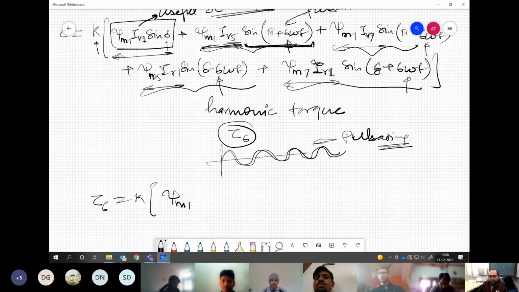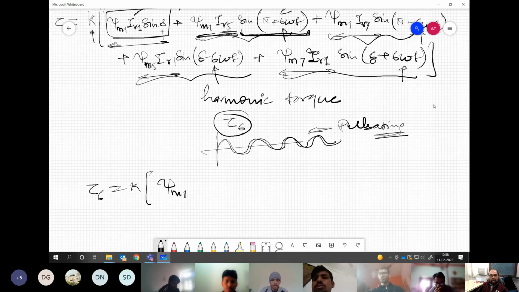Now if you simplify here, sine of pi plus 6 omega t will become minus sine 6 omega t, sine of pi minus 6 omega t will become sine 6 omega t, and delta, I have told, can be very close to 90 degrees. So this can be taken as sine of pi by 2 minus 6 omega t and sine of pi by 2 plus 6 omega t, both becoming cos 6 omega t.